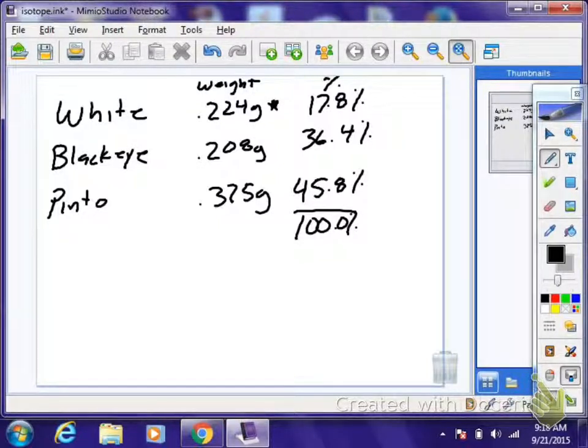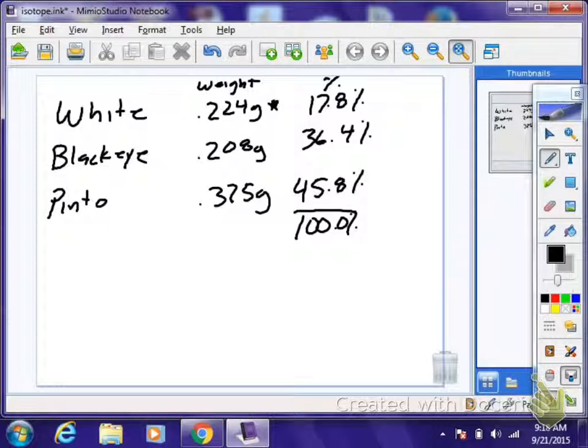And that's what you did. And you came up with a number that was a good representation of what we would call the average weight of one bean. Some people would like to take these three, white, black, and pinto, add them up and divide by 3. Why is that not a good or correct way of figuring average here?